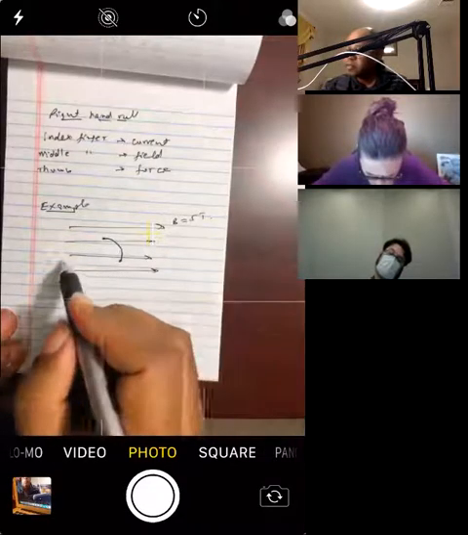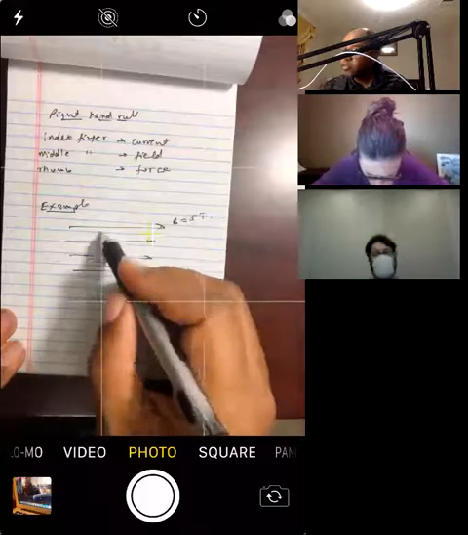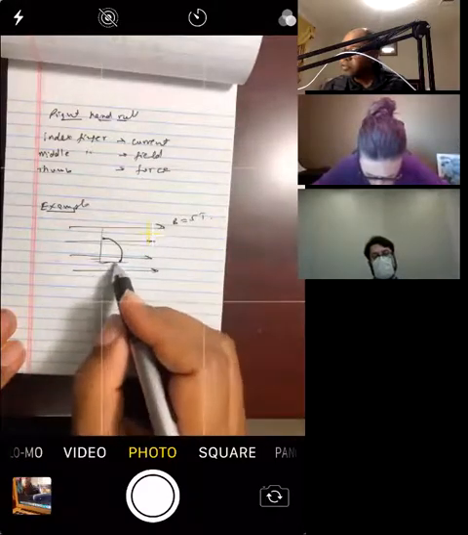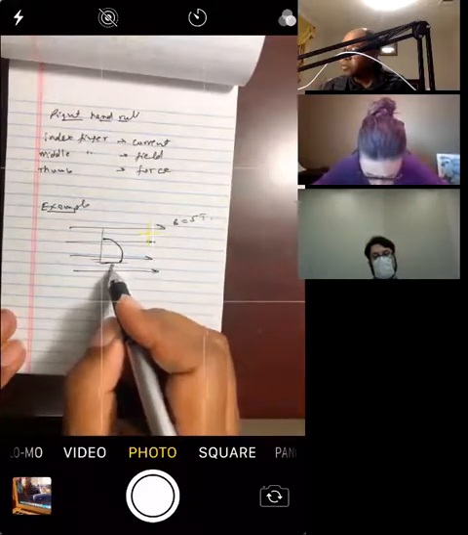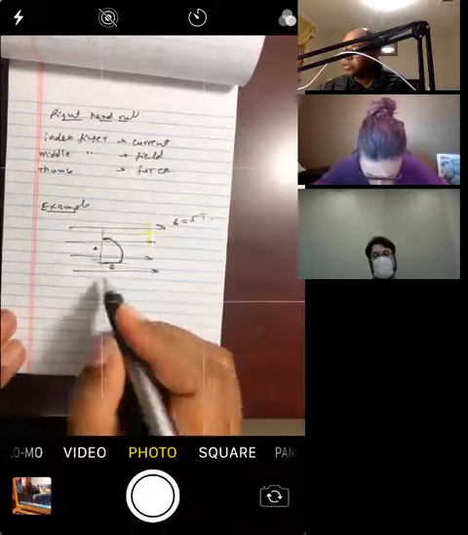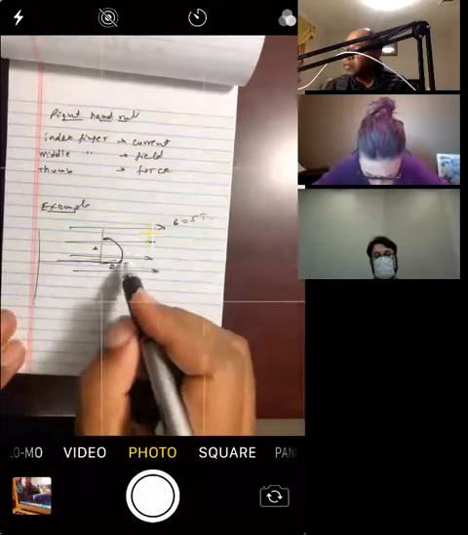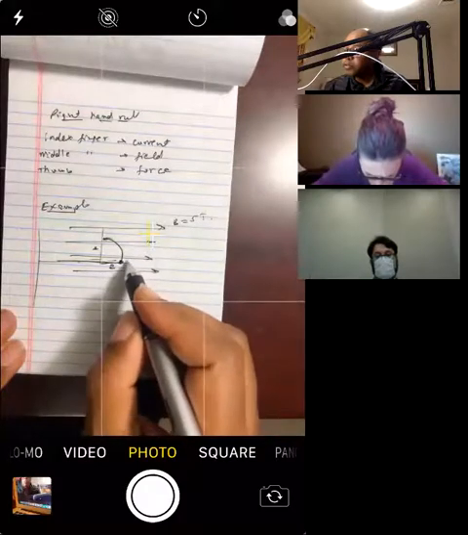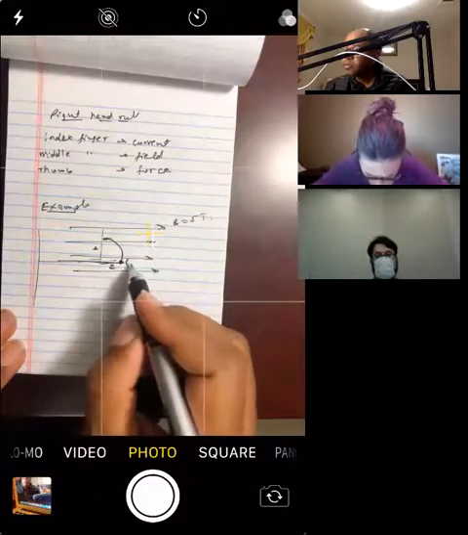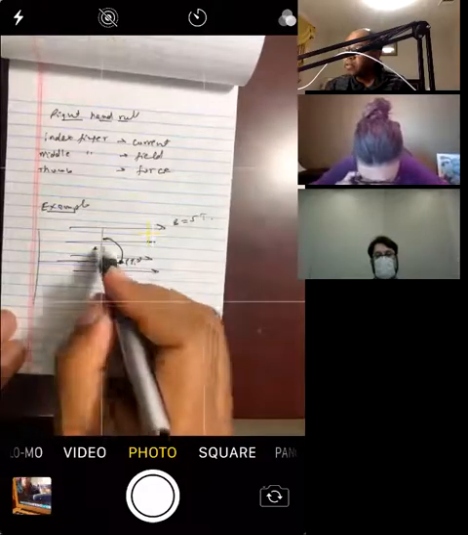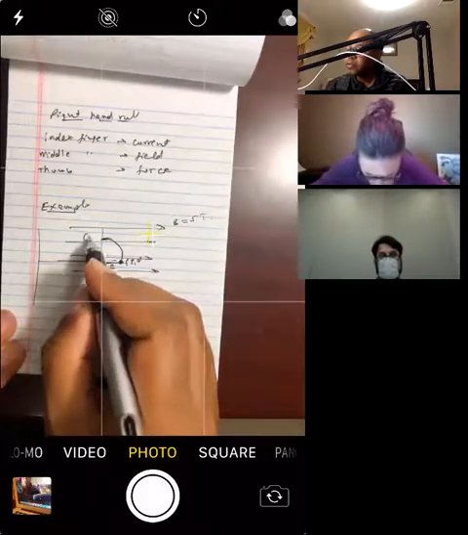Let's use this coordinate system over here. Let's say the radius is maybe 2. This is 2, this is 2. So this point over here is (2, 0), and this point over here is (0, 2).